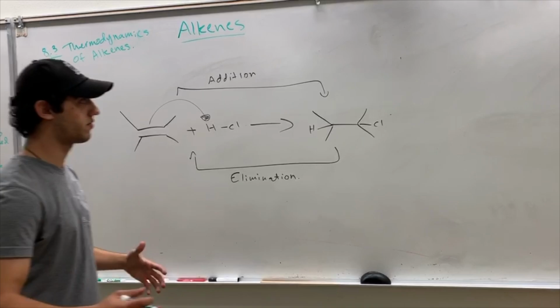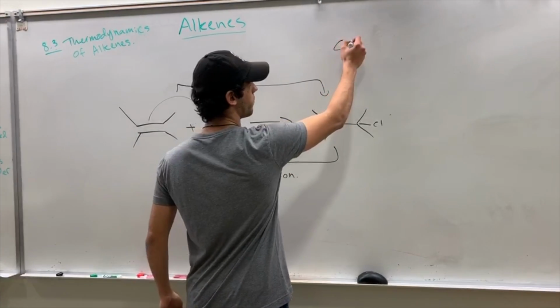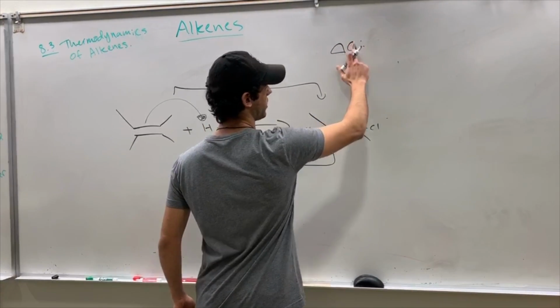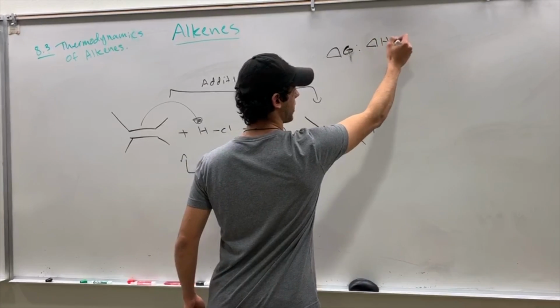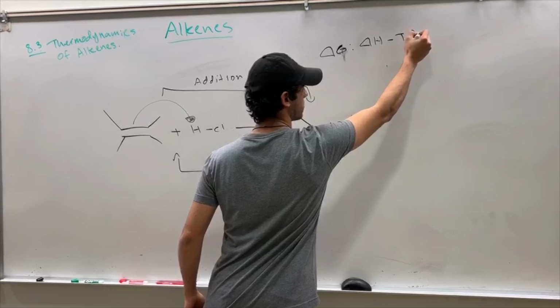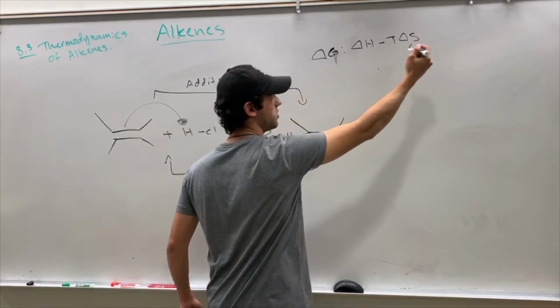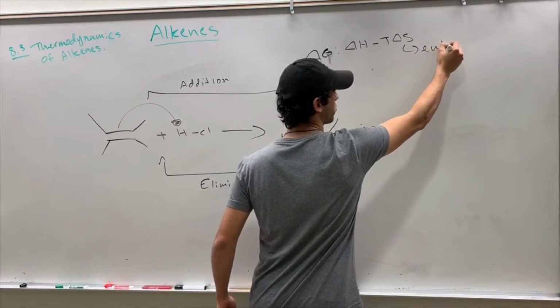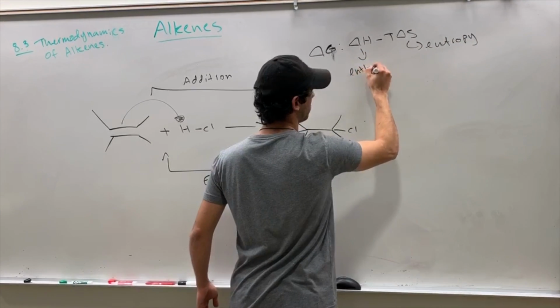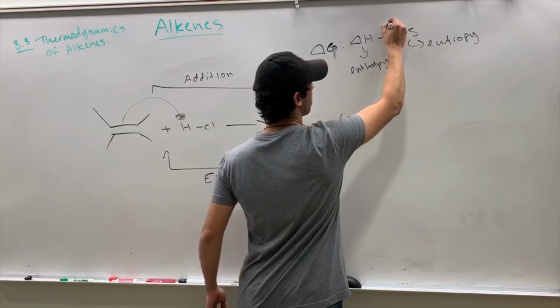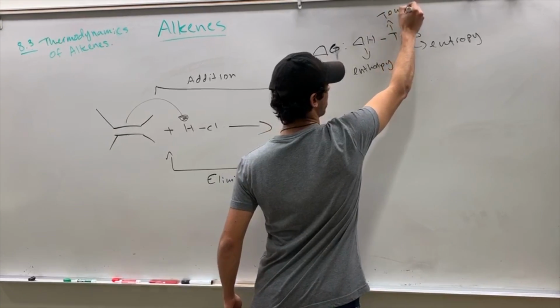How would I know? Thankfully, we have the Gibbs free energy, which is delta G equals delta H minus temperature multiplied by delta S, where delta S is your entropy, delta H is your enthalpy, and T is your temperature.